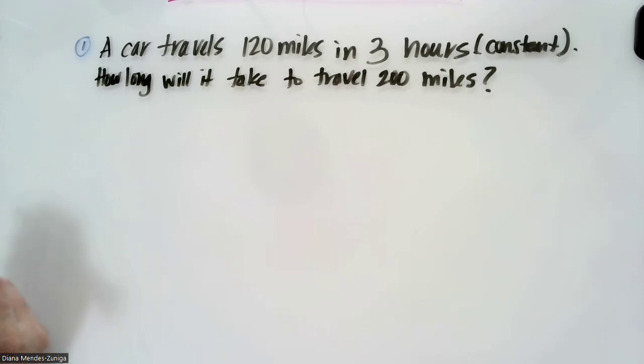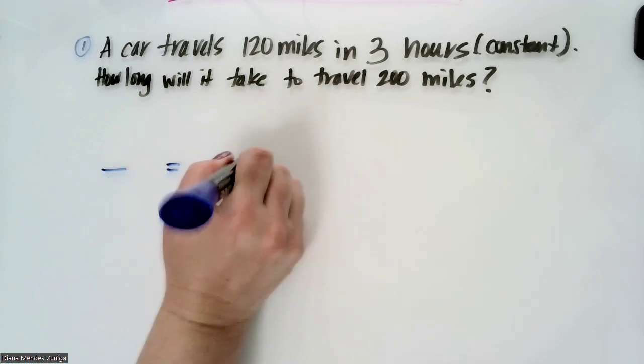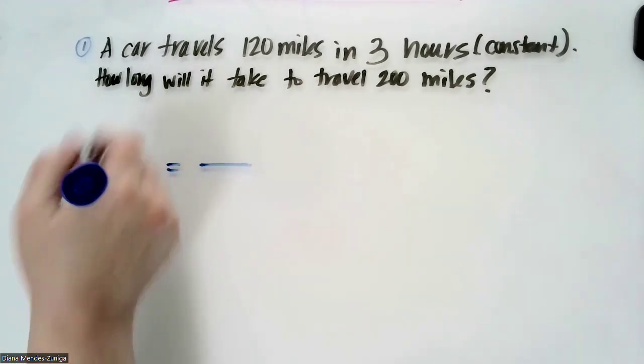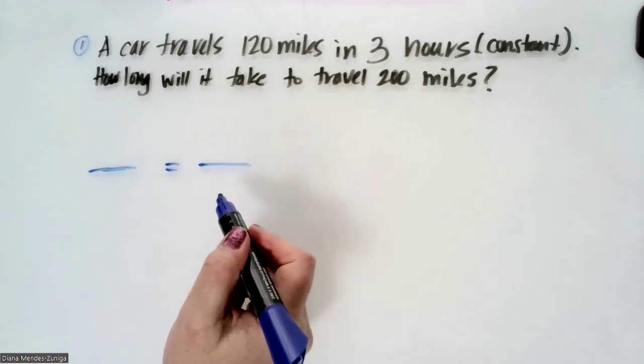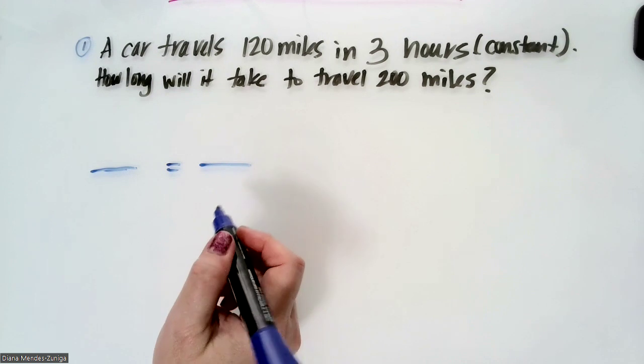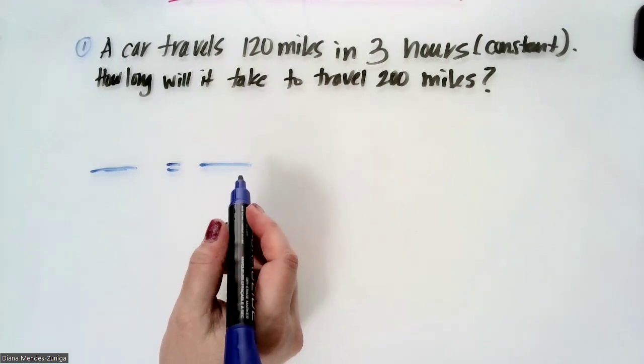So what we need to do is set this up in a word problem. We know that we're going to have something like this because this is what we're dealing with in proportions. We have something equals something else. We also know that we're solving for the missing x, right? So let's figure out what information we do have.